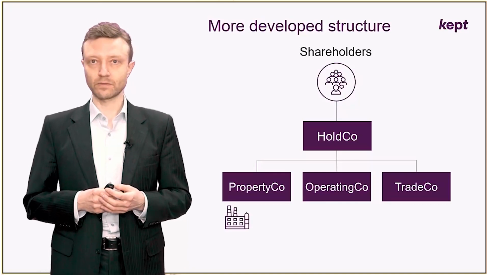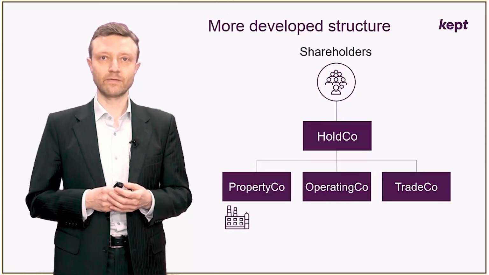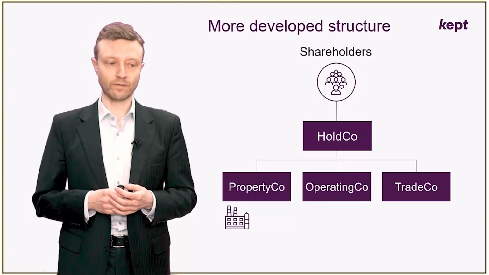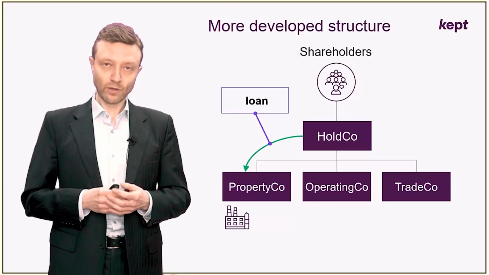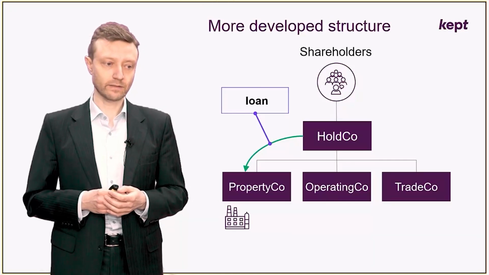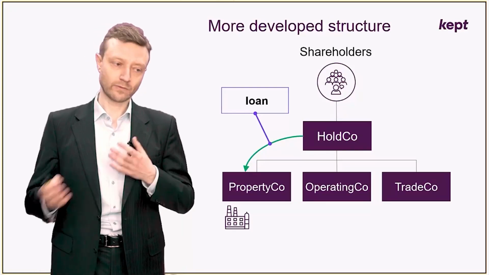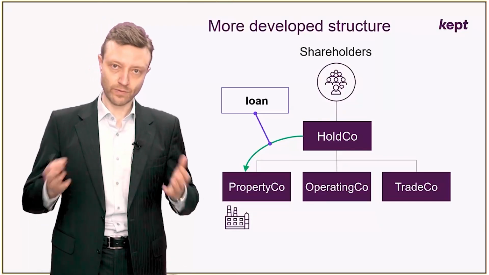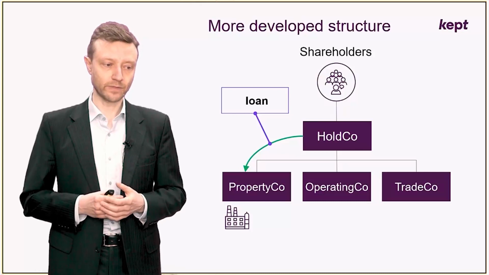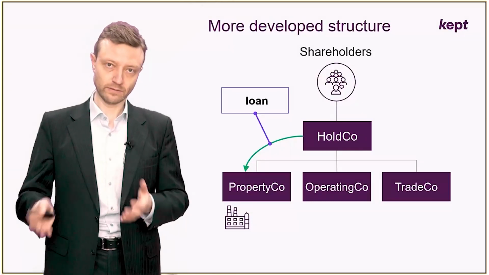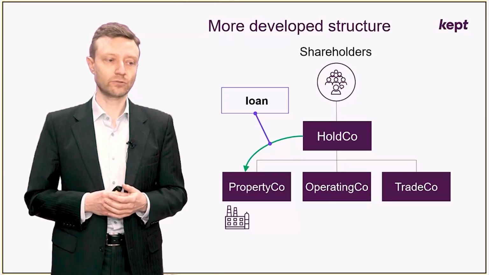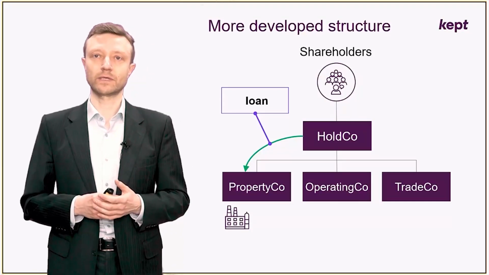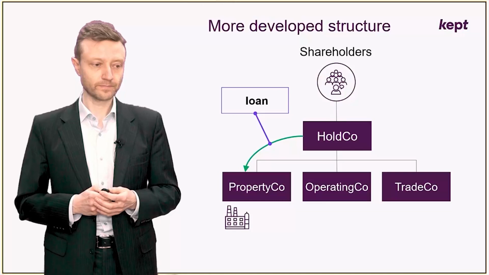For example, there is a property company that invested money to build or acquire, let's say, a plant or a factory. The holding company financed this acquisition or construction. So the property company's main purpose is to hold assets, and it also should pay interest on its debt to the holding company.